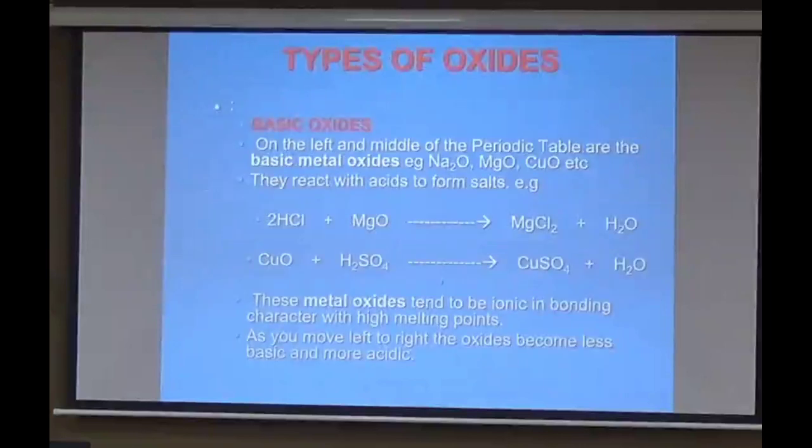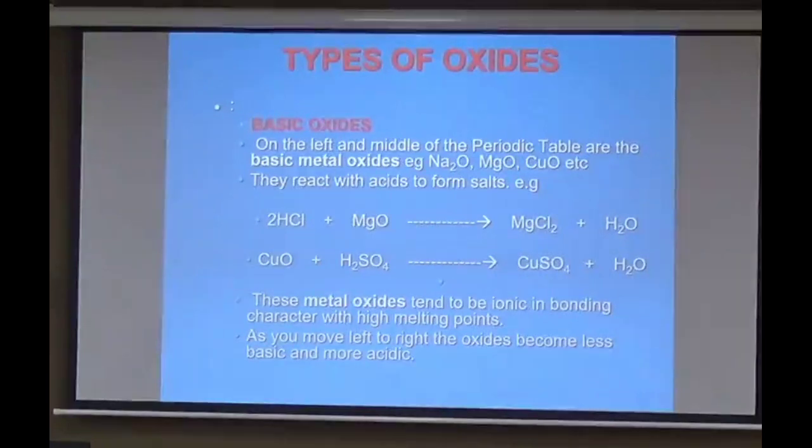Then oxides and their types, an important part of the chapter because questions generally come from this portion of the chapter. Basic oxides, they are telling the position in the periodic table. We will not go into the details of the periodic table here. We'll just try to understand these metallic oxides which are named here: sodium oxide, magnesium oxide and copper oxide.